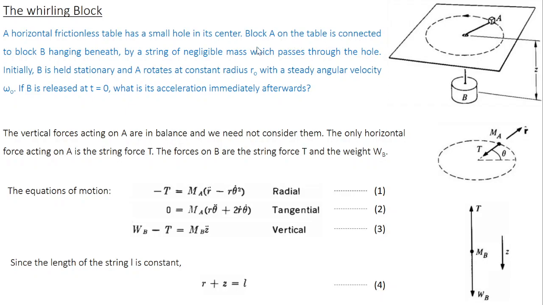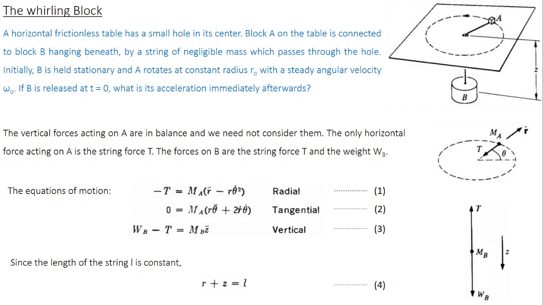Block A on the table is connected to block B, which is hanging beneath, through a string of negligible mass which passes through the hole at the center of the table. Initially, B is held stationary and A rotates at constant radius r0, with a steady angular velocity ω0. If B is released at t equal to 0, what is the acceleration immediately afterwards?